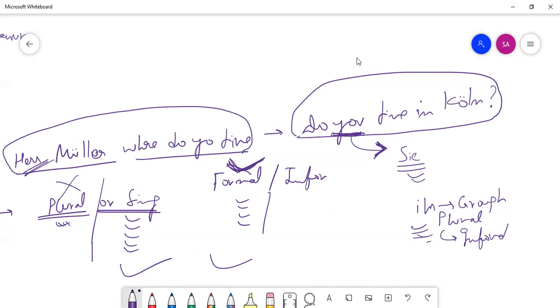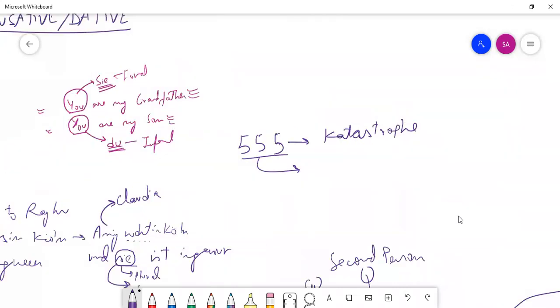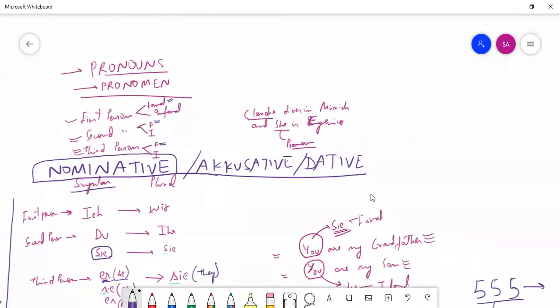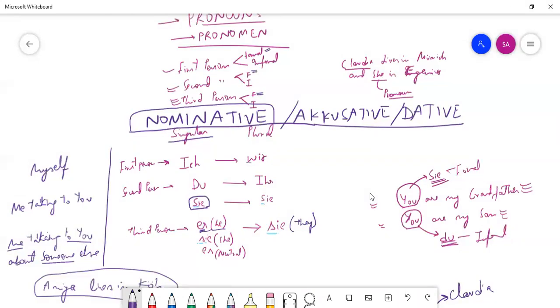Now, one more hint here. I am talking to somebody, right? So there are only two people involved, so it's only second person. Make sure that you don't get confused with the third person things. Because it's the second person, we are going to talk about this case only.